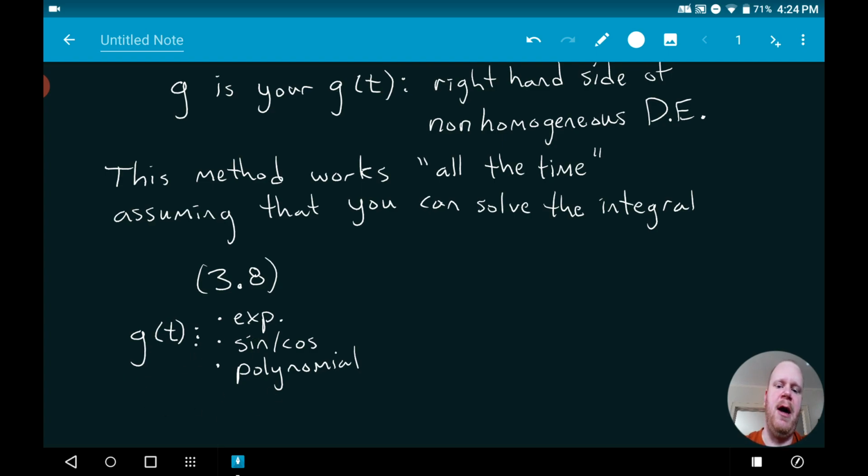If your g of t is any combination of these three things, then I would use method of undetermined coefficients. If it's anything else, then you should use this method.